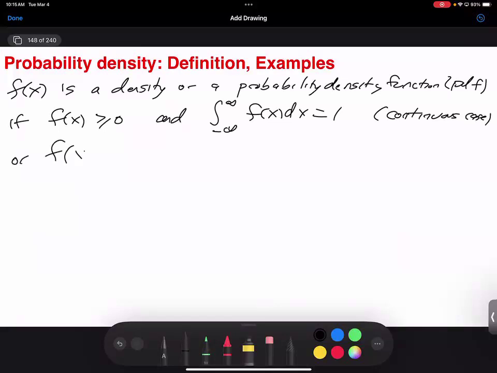Or f of xn is greater than or equal to 0 and the sum, n goes from 0 to infinity, of f of xn equals 1. Now, maybe most of the xn's, the probability is 0. This is the discrete case.